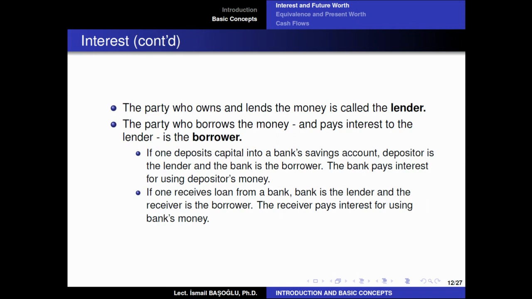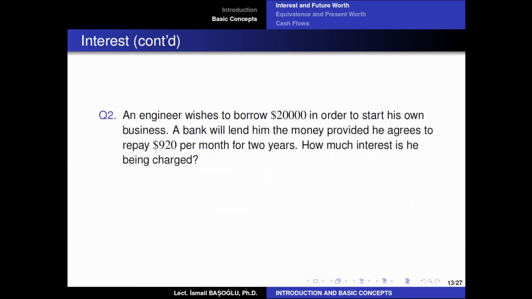As you can see, these borrowing and lending parties can be different in different transactions. Sometimes the bank can be the lender, sometimes the bank can be the borrower. But we always know that the borrower pays the interest to the lender.